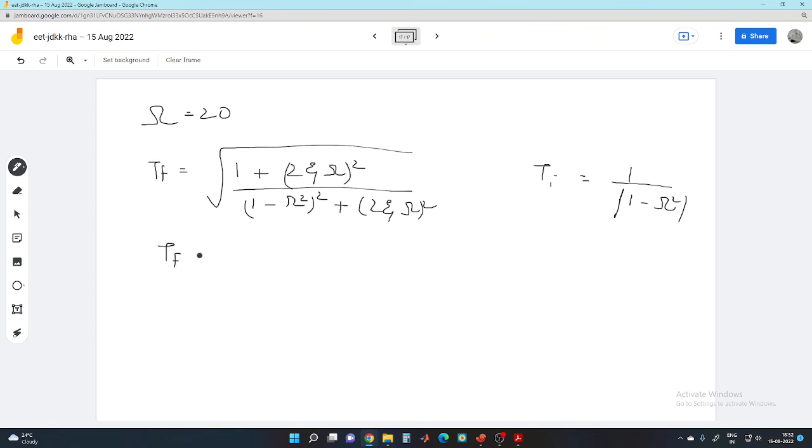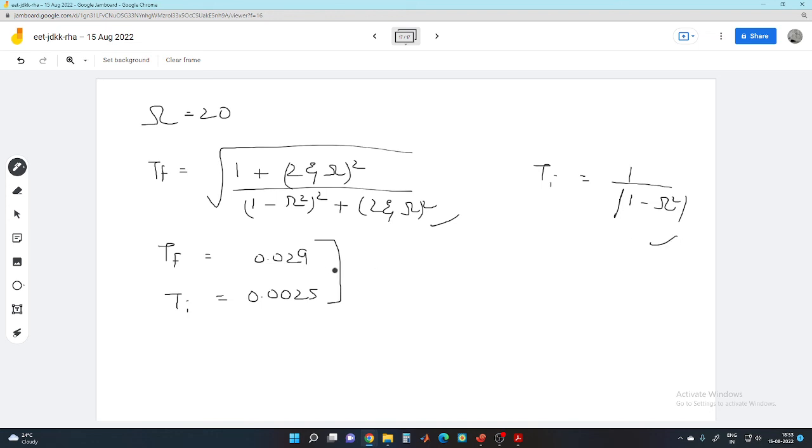So TF comes out to be 0.029 and Ti is 0.0025. I'm not calculating them here. You can do it on your own. I have written the formulas here.